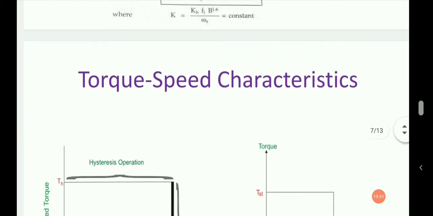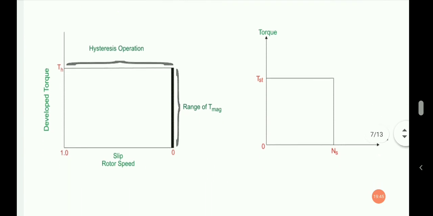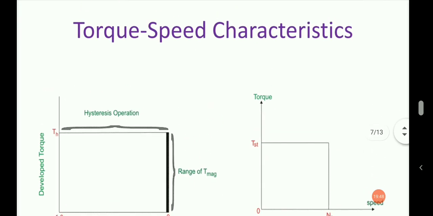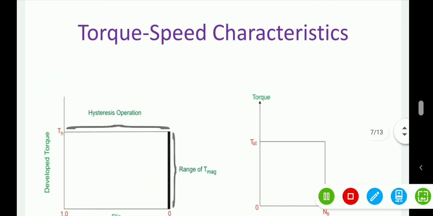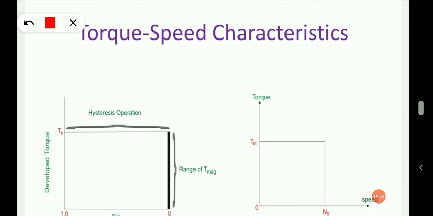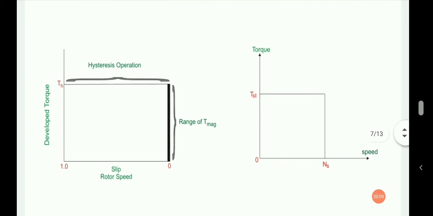Now we will see about torque speed characteristics. Torque speed characteristics of hysteresis motor we can see in the figure. We know that constant hysteresis torque occurs in the hysteresis motor.